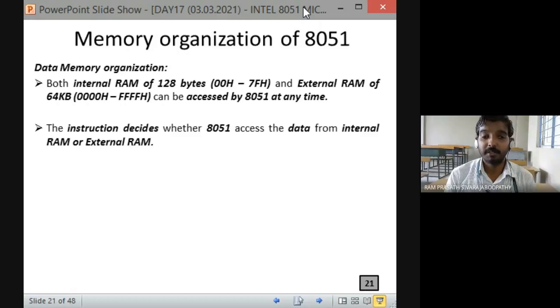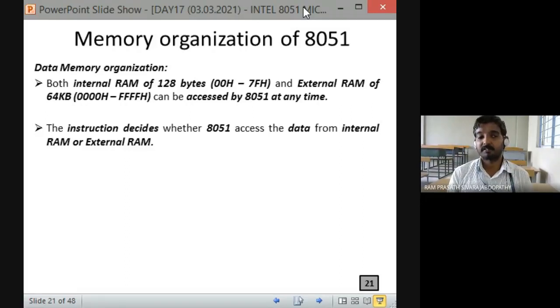How is it organized? The instruction decides whether the 8051 accesses data from internal RAM or external RAM. Which thing decides whether program execution is from internal ROM or external ROM? Hardware. Whereas for data memory, internal or external is defined by the instruction.